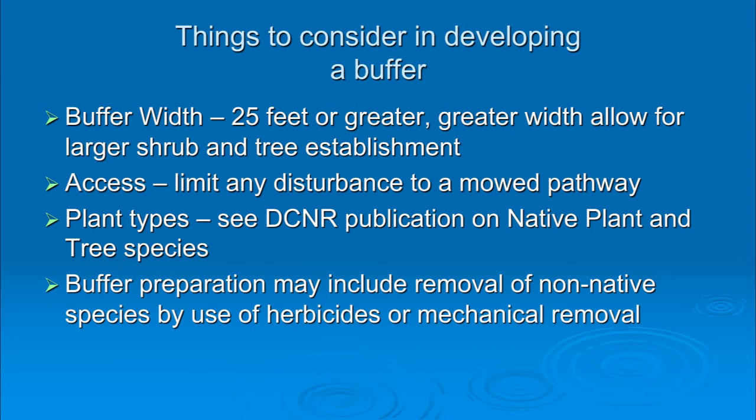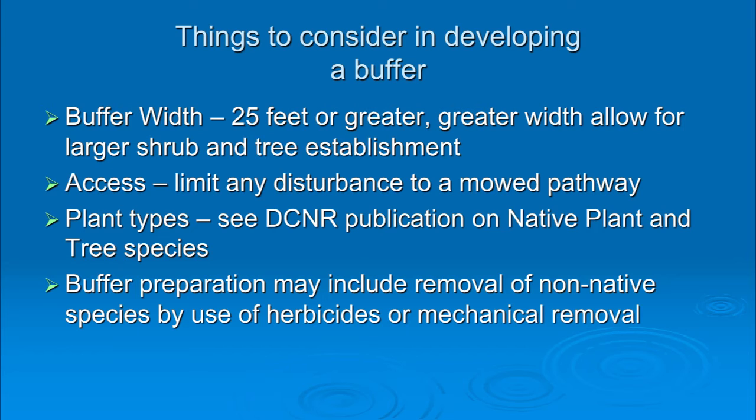Okay, so things to consider when developing a buffer. A buffer width should be 25 feet or greater, which I'll get to in a second. If you do have a larger buffer width, it allows for a larger tree and shrub establishment. Again, we're going to limit any access to that area, be it animals or mowing equipment or any other motorized vehicles.